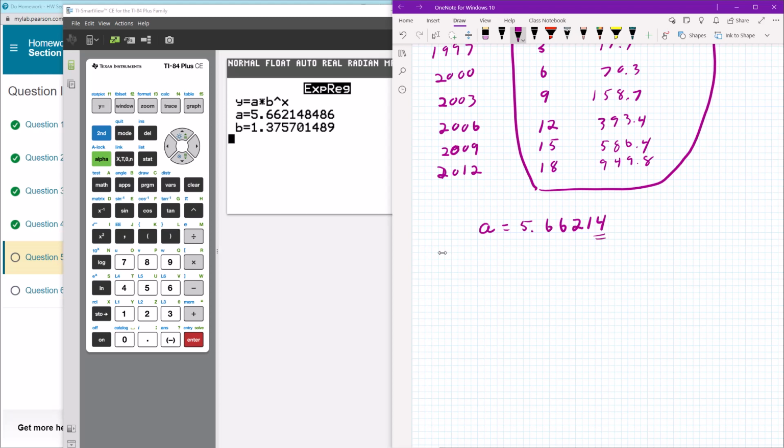This is the 5th decimal place. It's less than 5, so this will round to 5.6621. B is going to be equal to 1.37570. Well, that's 0, so there's no rounding here either. 1.3757. Okay, let's see if this is correct.